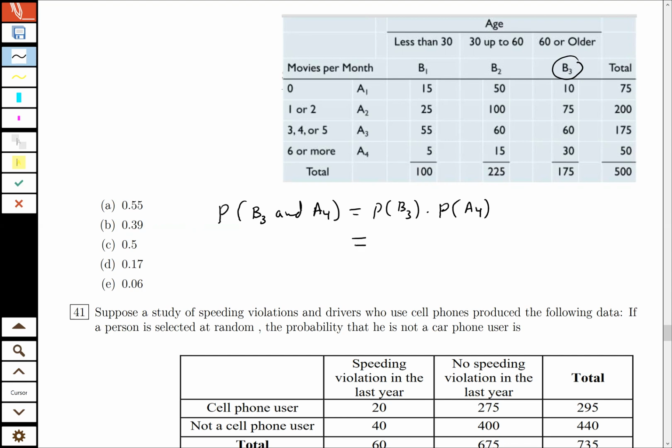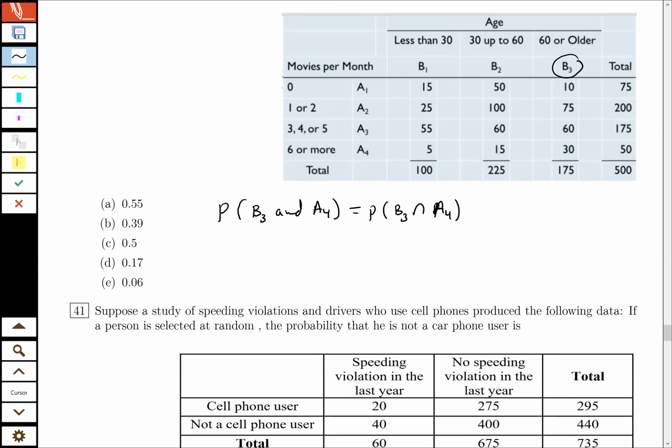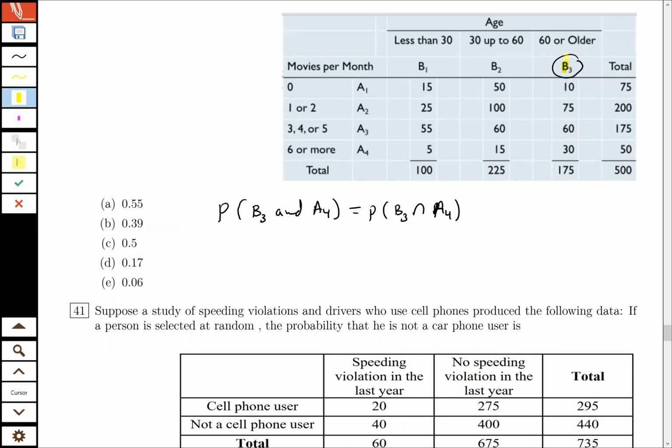So that will be equal to what? Probability of B3, and we could have it here actually immediately, and means intersection. In another word, that's a probability of B3 intersection A4. What's the intersection? We find it this way, guys. We need B3 intersection with that one.